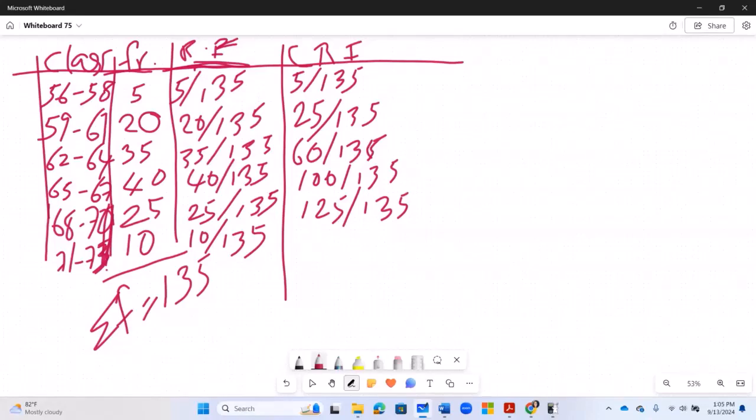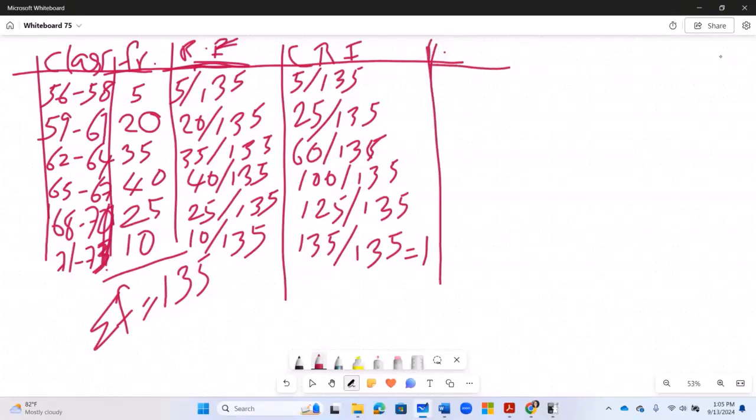The cumulative relative frequency of the last class is 135 over 135. This is why, remember, the final cumulative relative frequency is always equal to 1. That is why we always say that the area under the normal curve is 1, because the total cumulative relative frequency is always 1.